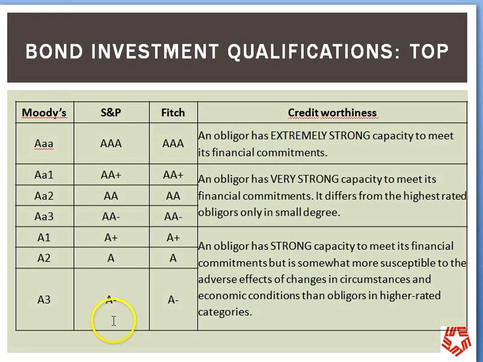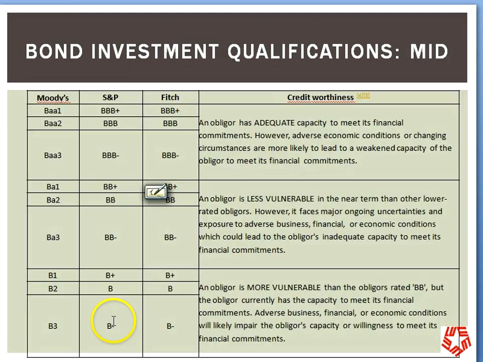So there are qualifications. Some of them at the top are qualified AAA or AA plus or AA, and so on and so forth, depending on how each one of the agencies qualifies. Those would be at the top. Then you have some that are in the middle.